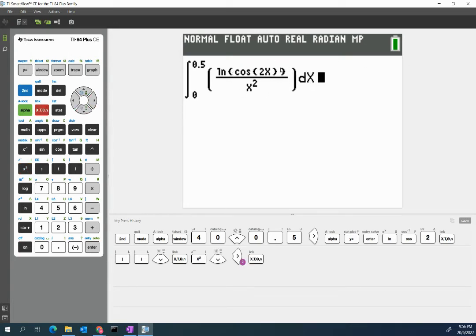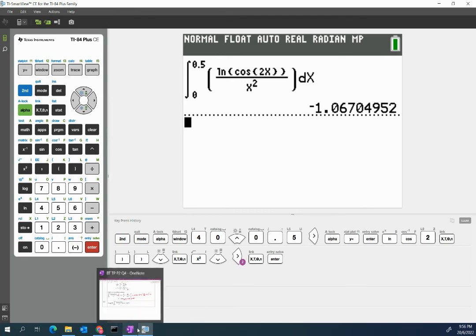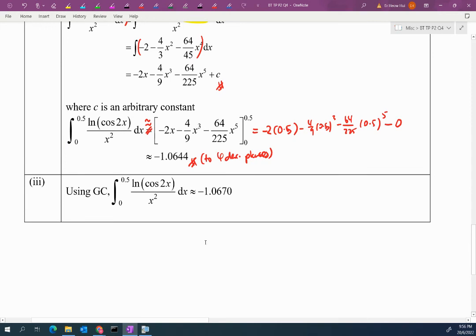Now, because it's trigonometry, make sure your measurement is in radians, and then you can evaluate. This is the value by the GC. So this is an approximate value up to 4 decimal places. That will be negative 1.0670 to 4 decimal places. And that will end this question.